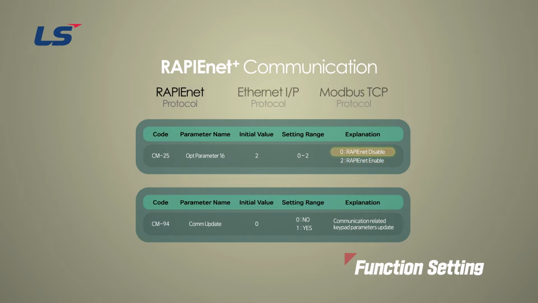When communicating with Ethernet IP or Modbus TCP protocol, select RAPIEnet Disable number 0, and select RAPIEnet Enable number 2 to communicate with RAPIEnet. After setting is complete, set CM Group 94 to 1 Yes, and save the changes.